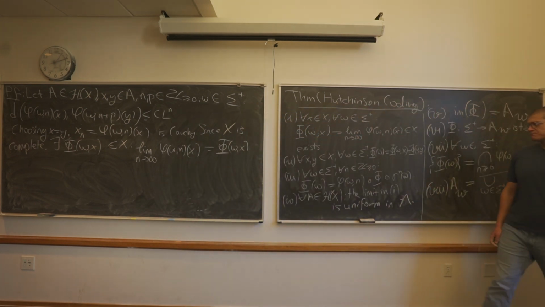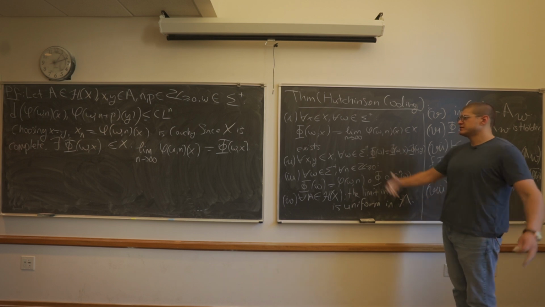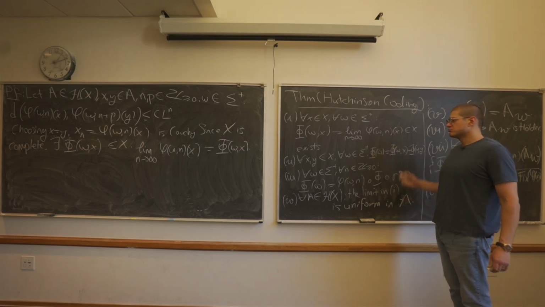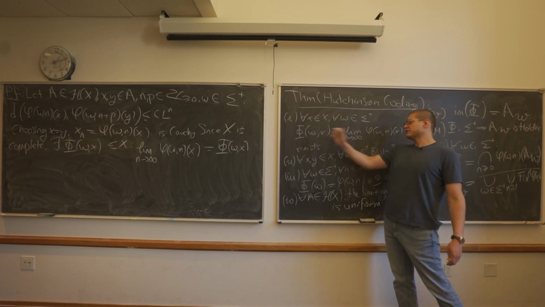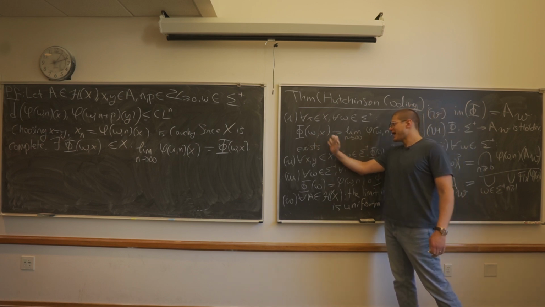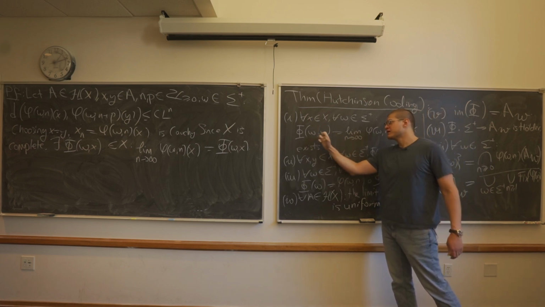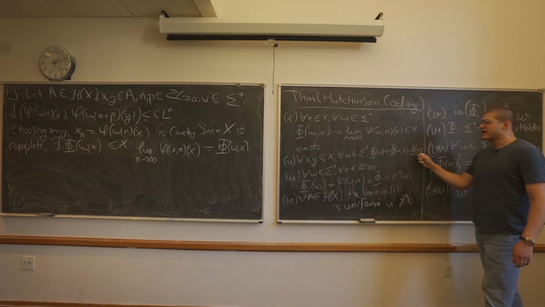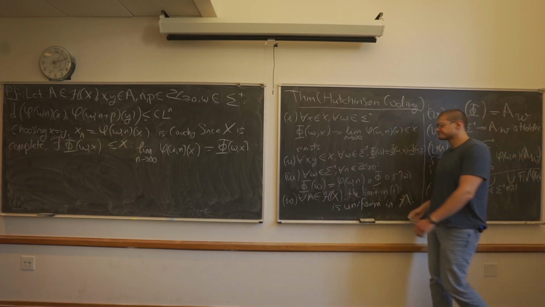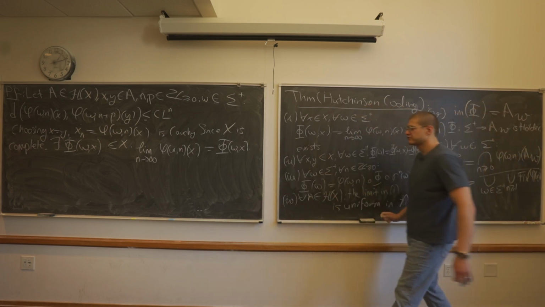So this sequence is Cauchy, and by the completeness of X it has to converge somewhere. That limit at this stage might depend on omega and x. It's always going to depend on omega, but we're going to see in the next item that it doesn't depend on x. Any questions about this?